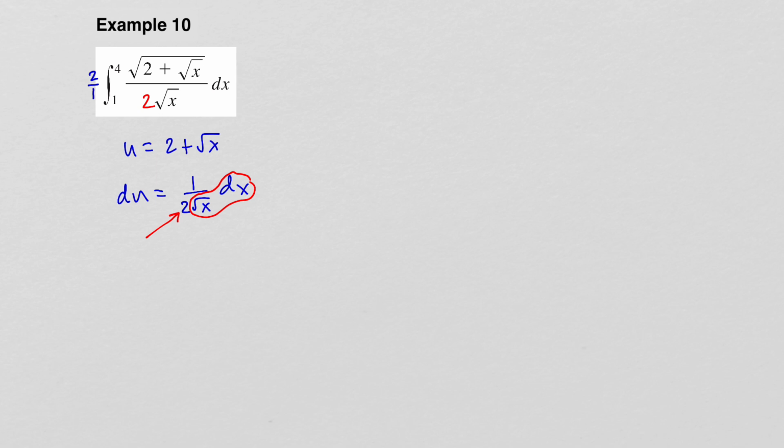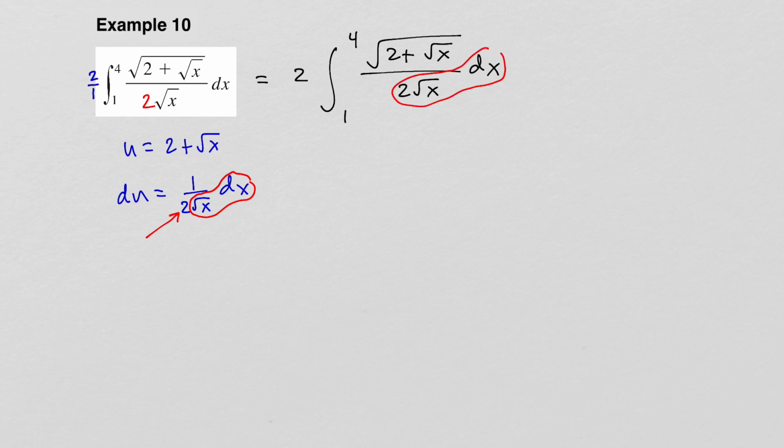So I'm going to put like a 2 over 1 there, okay? Because that's going to cancel the 2 that I put in the bottom. So this integral becomes 2 integral 1 to 4 square root 2 plus the square root of x over 2 square root of x dx. And now we're ready to substitute. dx over 2 radical x, that's going to be du.